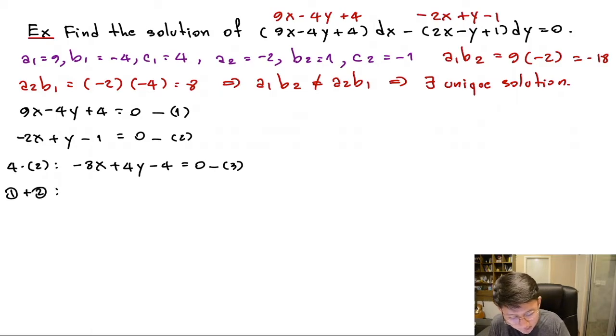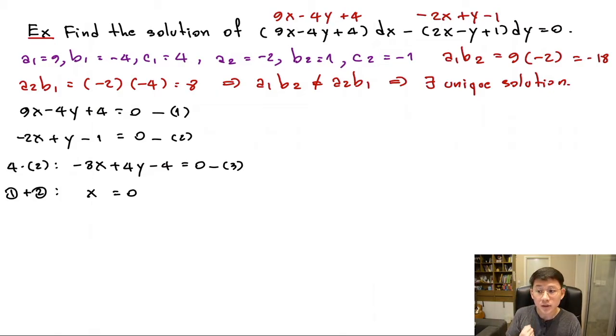So I have x equals 0, isn't it? Why? Because 9x and minus 8x is x, minus 4y plus 4y disappeared, 4 and minus 4 disappeared. So we have x equals 0.